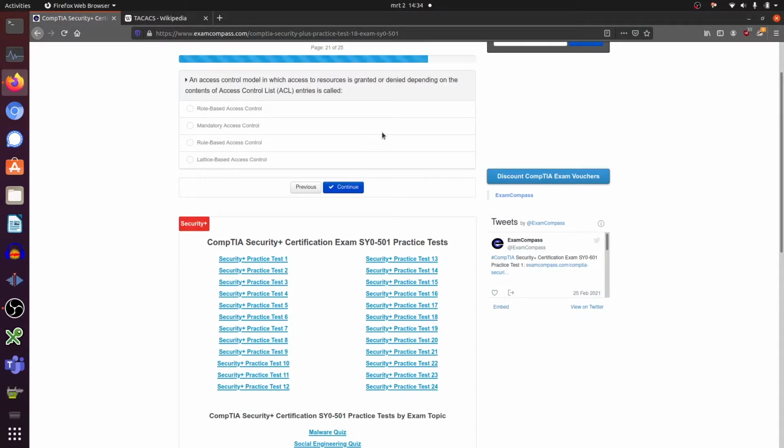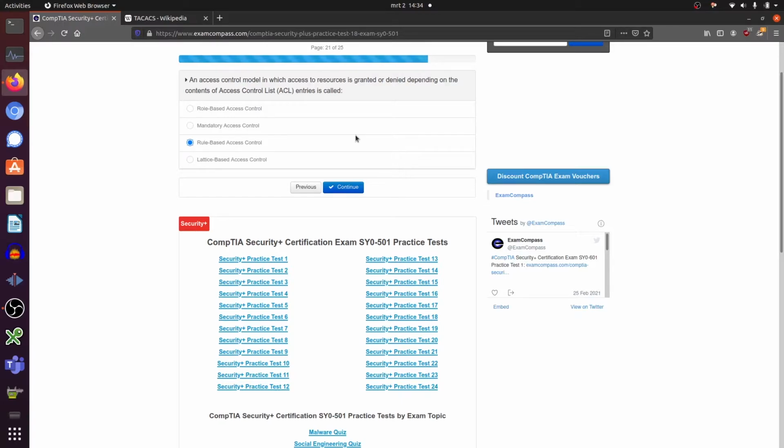An access control model in which access to resources is granted or denied depending on the contents of access control list ACL entries is called a rule-based access control. An ACL can be, for instance, on the basis of a MAC address of a computer.